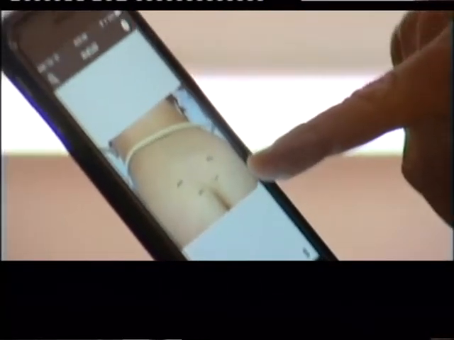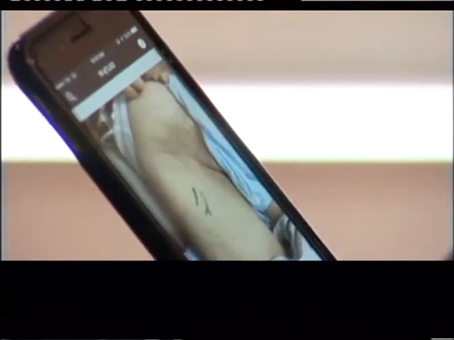I'll even show you. Here's, when I do patients, this is my patients. So I do the drawings, and then you can see the marks.